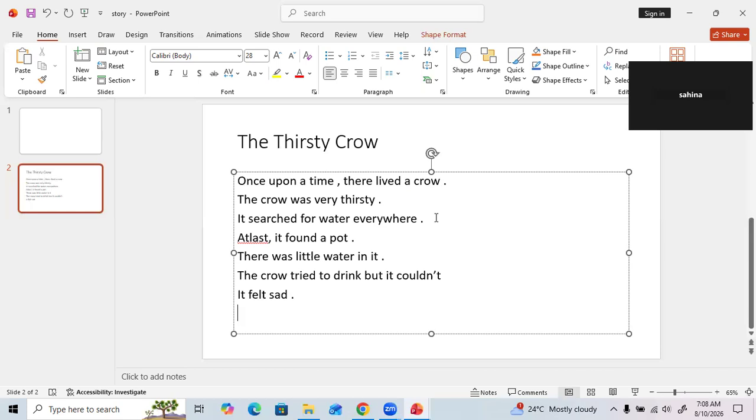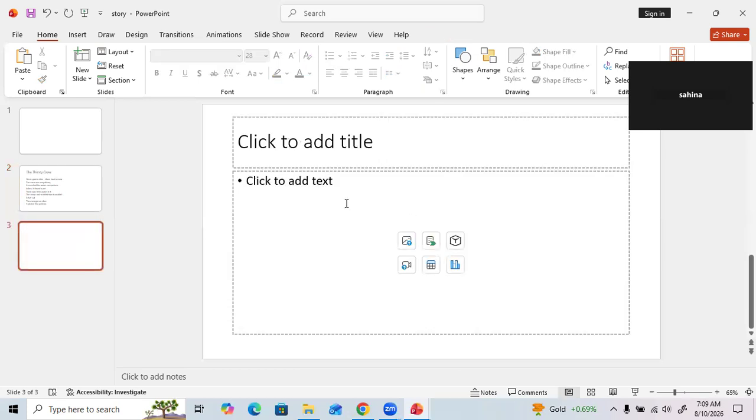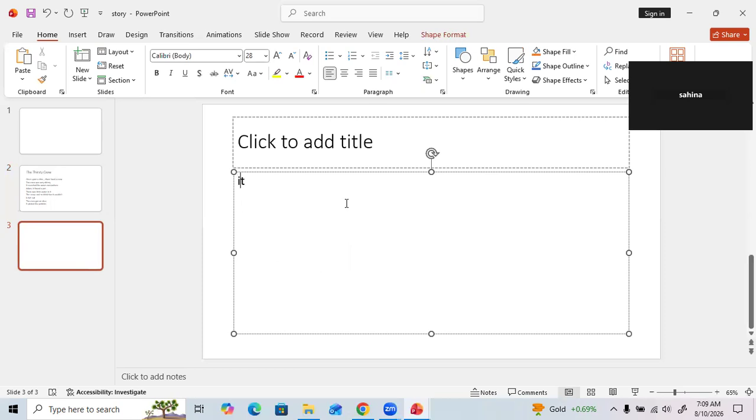Then the crow got an idea. It picked the pebbles and dropped them one by one into the water.